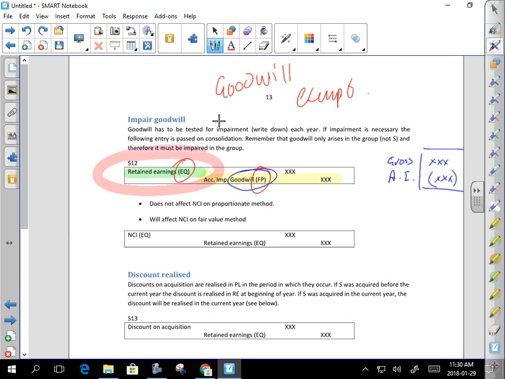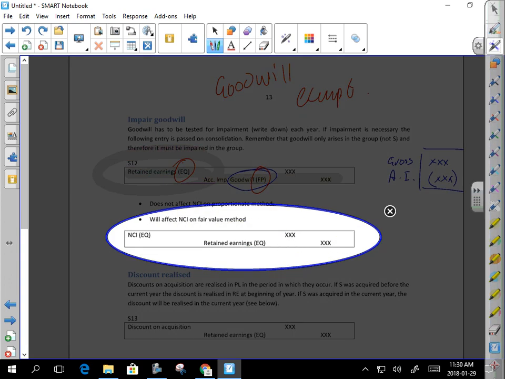Okay, and that's why I do this entry completely separately. You're welcome to include it in other calculations. It's just that they don't always get there. So you do that entry, give NCI a share of that loss if you're on the full goodwill method, not if we're on the proportionate method.